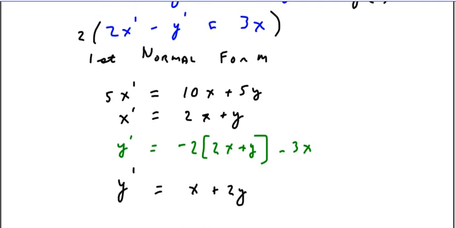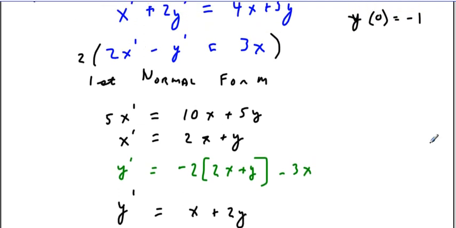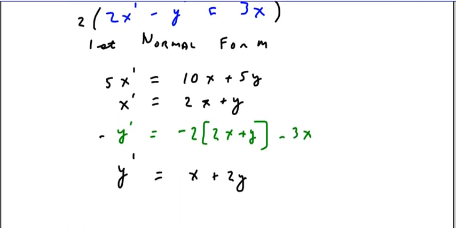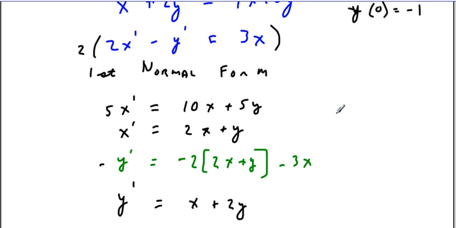Now, let's see, what did I do wrong? Oh, right, minus that is minus 2 times this. And when I do that, I end up with... I don't know what I end up with. Okay, well, let's see.